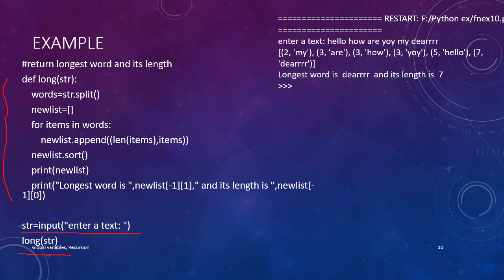We split it, which returns a list called words. We are declaring a new list and for each item in words, we are appending two values: the length of the item and the value.